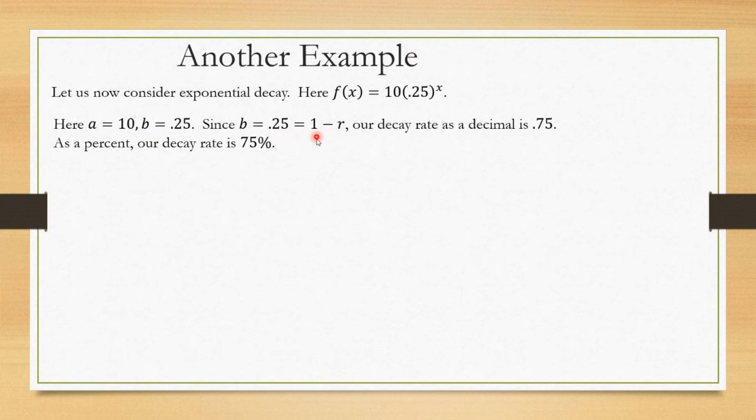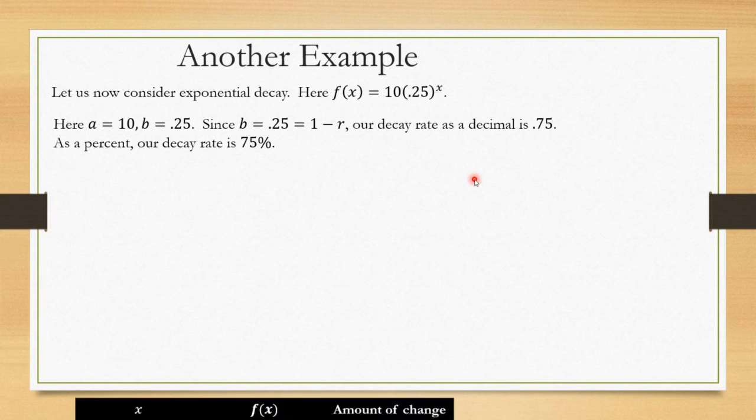So we must have 0.25 as 1 minus R. But then you can just solve for R. I didn't show calculations, but you can solve it algebraically, and you end up getting 0.75. And that tells us as a percent, our decay rate is 75%.